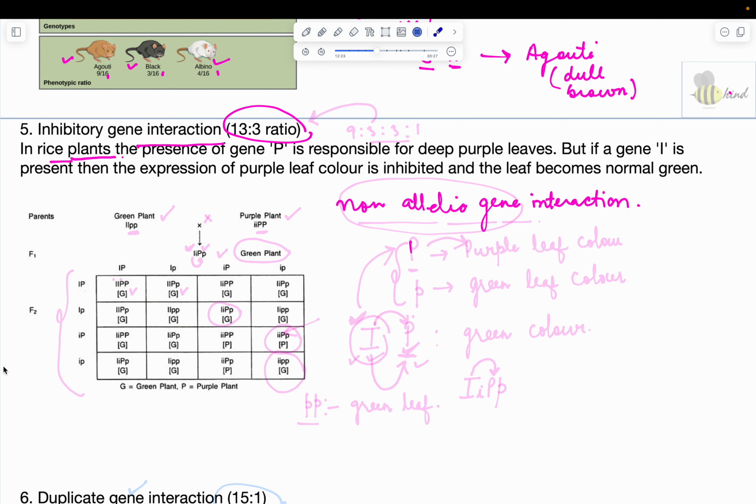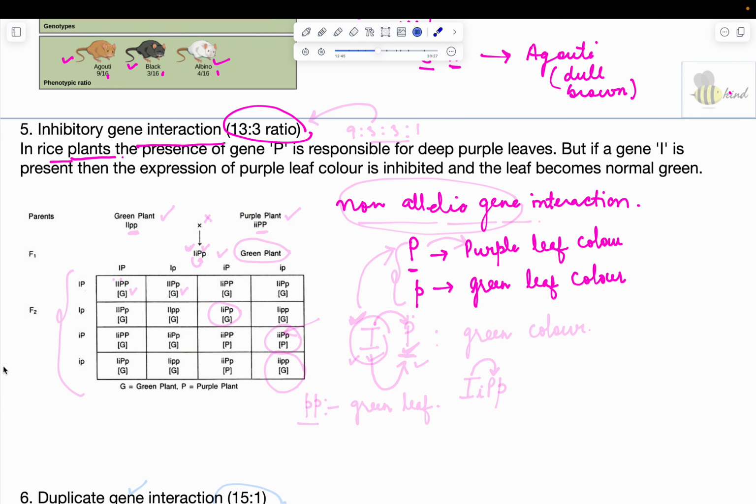The dominant allele P produces purple leaf color, whereas the recessive allele is responsible for the green leaf color.